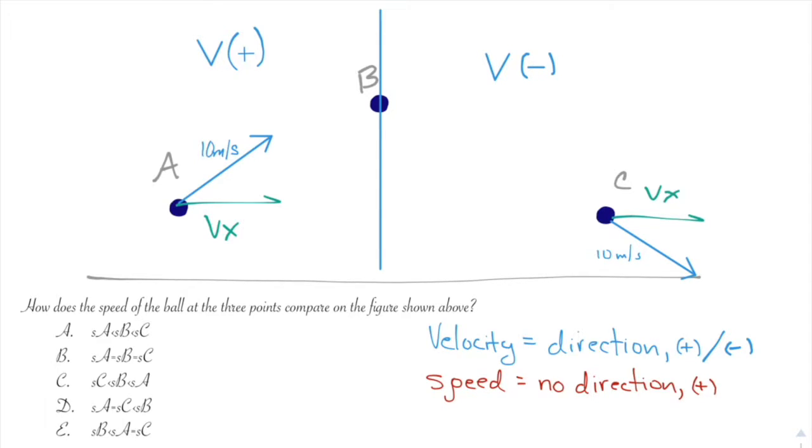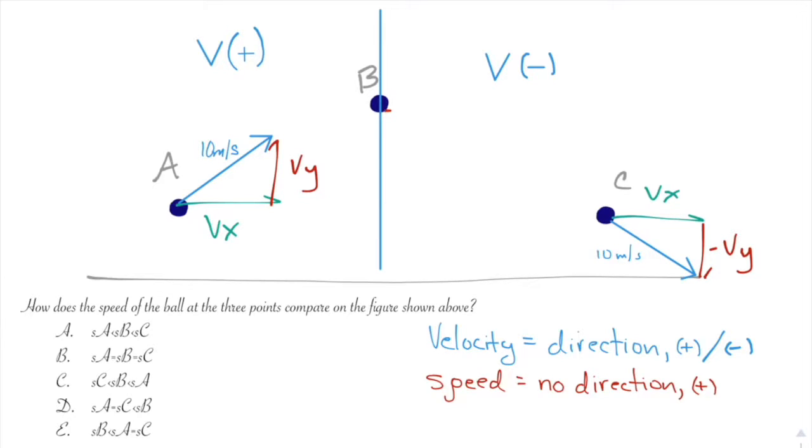Because unlike the vertical component of velocity that has gravity acting on it, the horizontal component here does not have any other force inhibiting or enhancing it. So at all points, that velocity is going to stay constant. It's going to always be in the positive direction, if right is your positive direction, and it's always going to be constant.